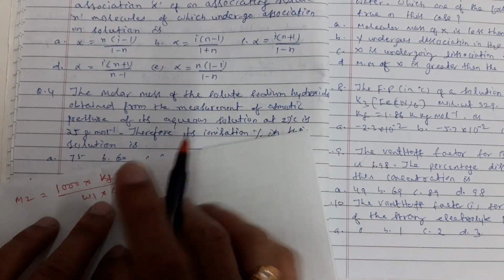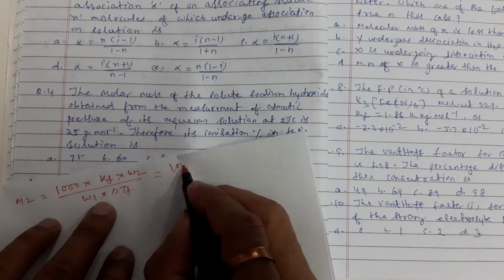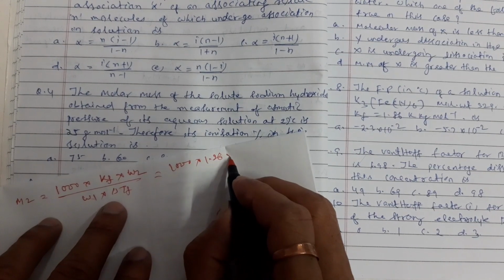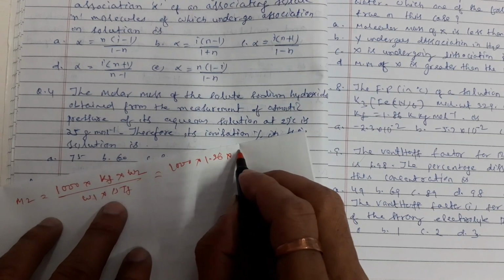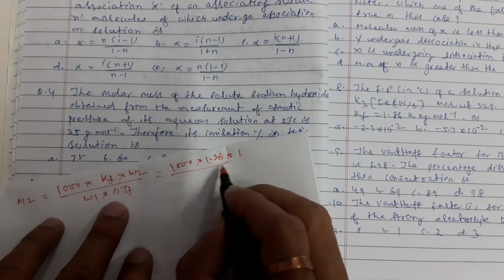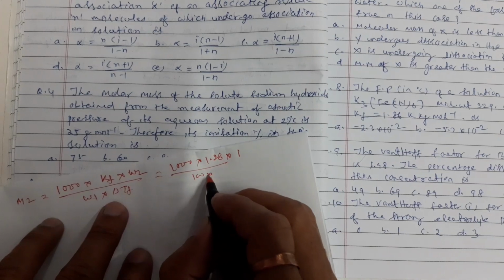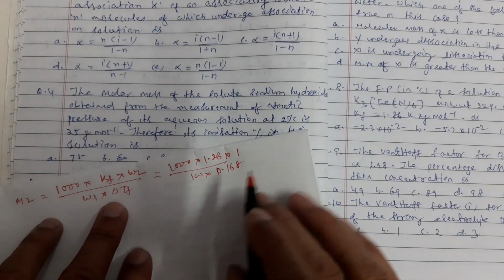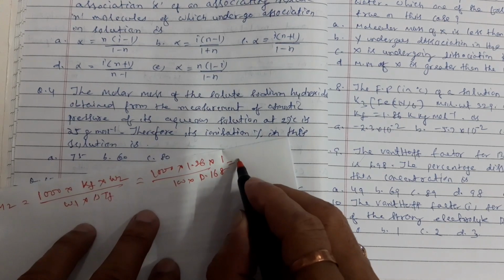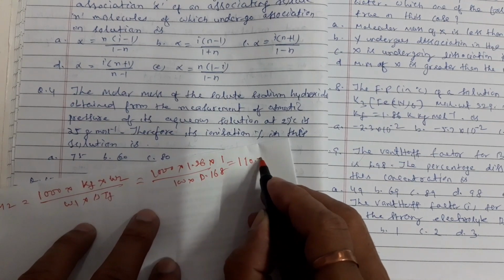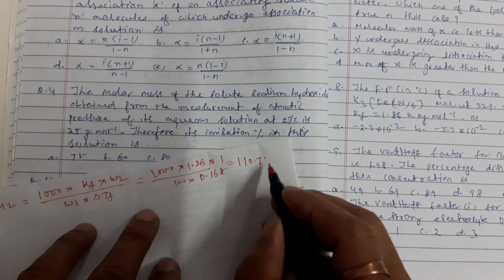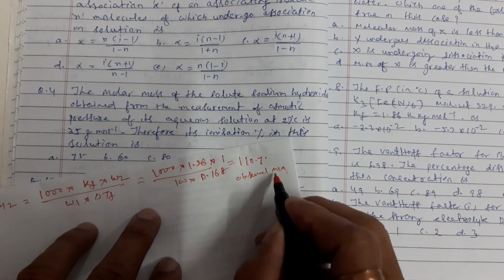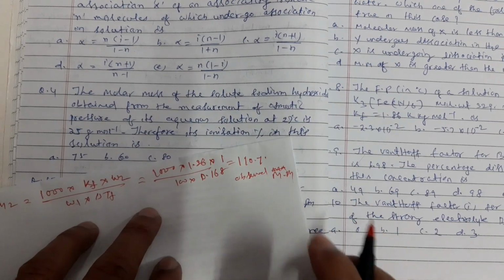So you put all these values: 1000 multiplied by Kf 1.86, multiplied by 1 divided by 100, divided by 0.168. After calculation you will get 110.7. This is the observed molecular mass.